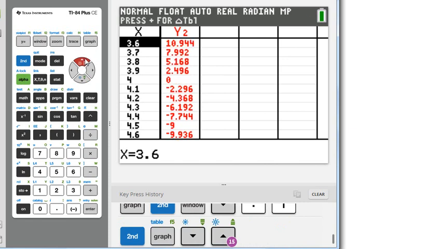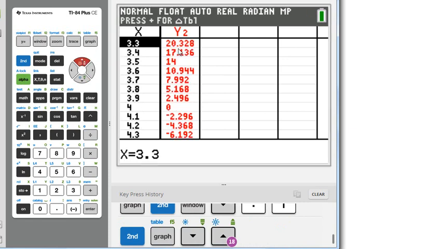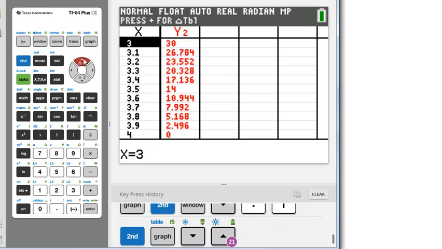Yeah, so you look for the highest. You're looking for the biggest number here on the Y2, and the X value that produces that highest value is our answer. So we're still increasing here as we go down.